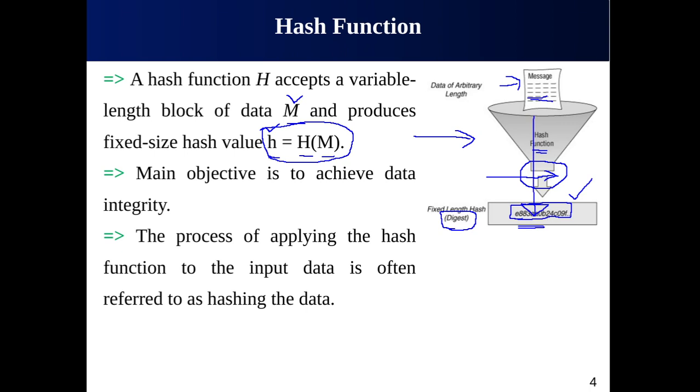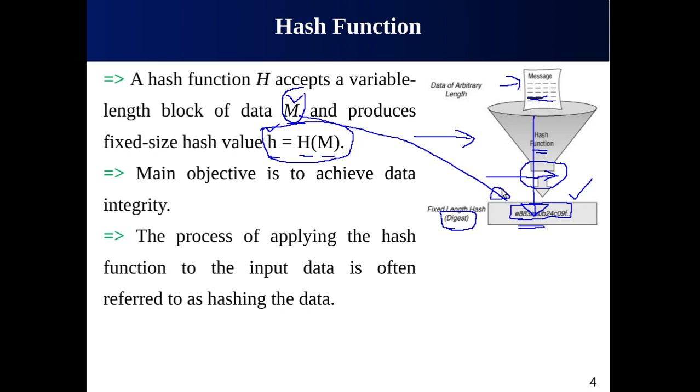The main objective of hash function is to achieve data integrity. There are other applications as well, but the most important one is to achieve data integrity, and I'm sure you are pretty much familiar with the term data integrity. In the context of hash function, data integrity means that if any bit or more than one bit in the message M is changed, then that change will have a great impact on the output.